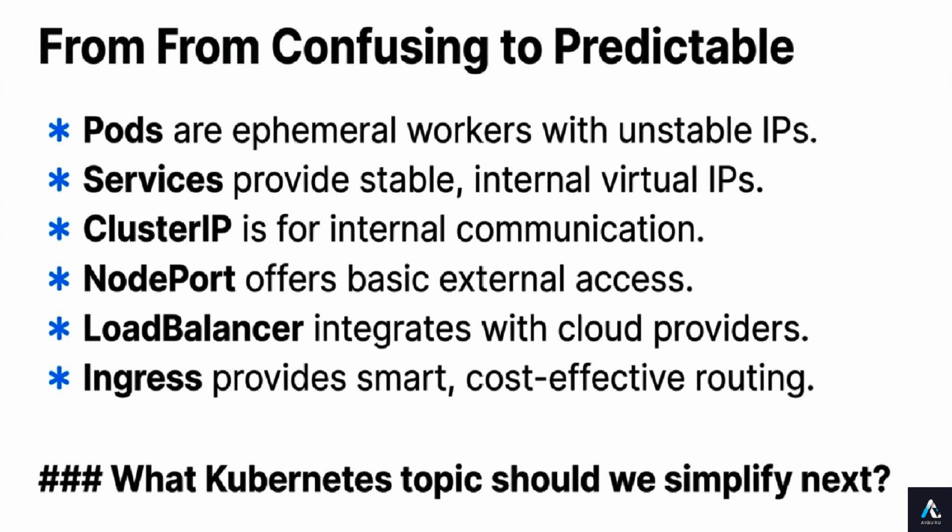Load Balancer integrates with your cloud provider to deliver production-grade external access through a dedicated public IP. Ingress adds intelligent routing, domain management, centralized HTTPS termination, and cost-efficient scaling for environments with many services. Understand these 6 core ideas, and Kubernetes networking stops being confusing. It becomes predictable, powerful, and surprisingly even enjoyable.